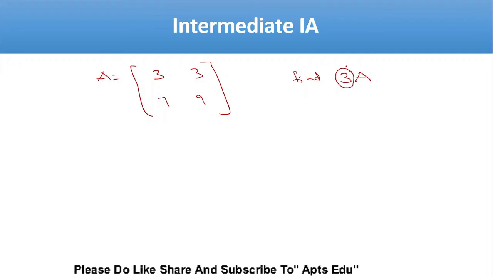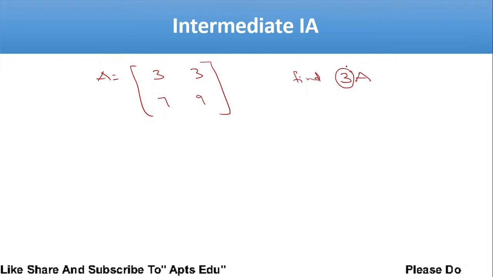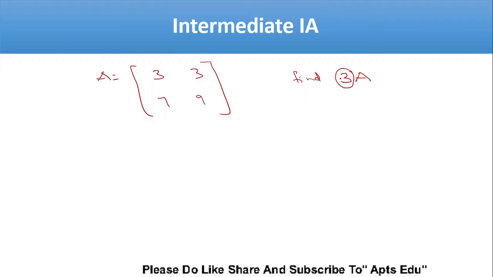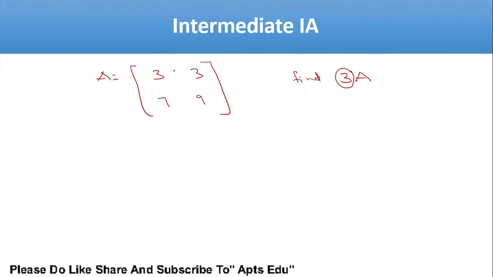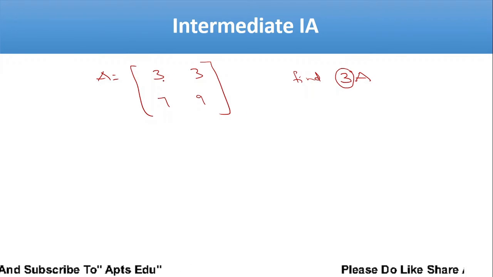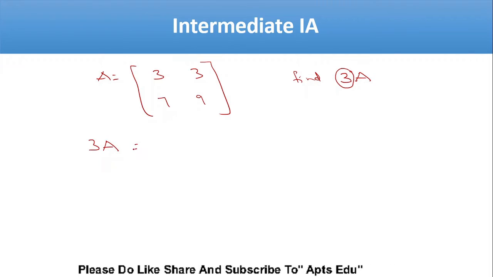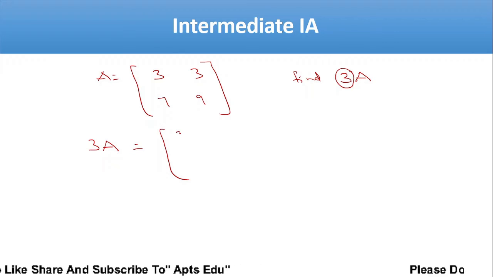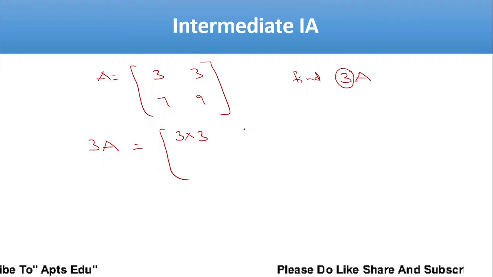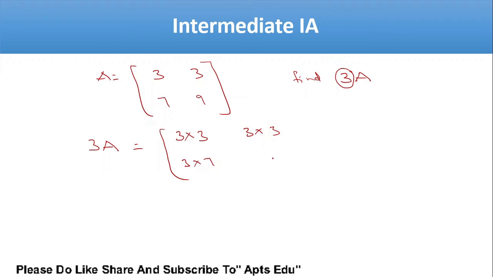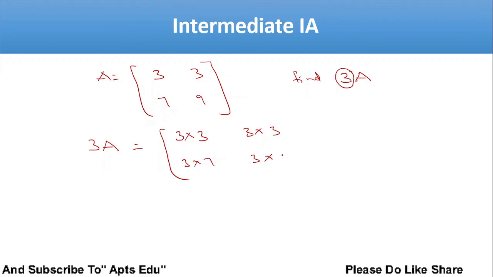If they ask to find out 3A, what you need to do is multiply 3 with each and every element of this matrix. So 3A is 3 into 3, 3 into 3, 3 into 7, 3 into 9.